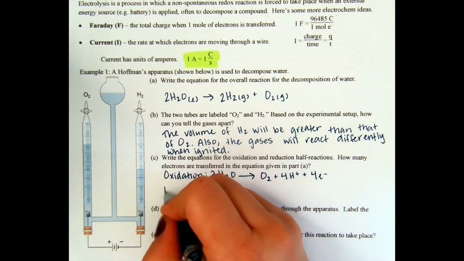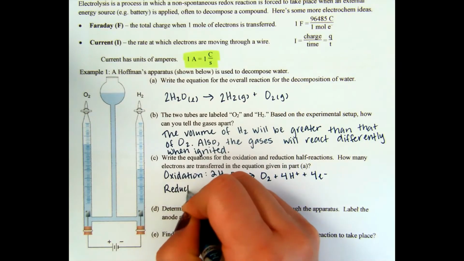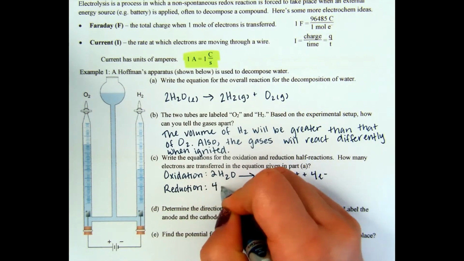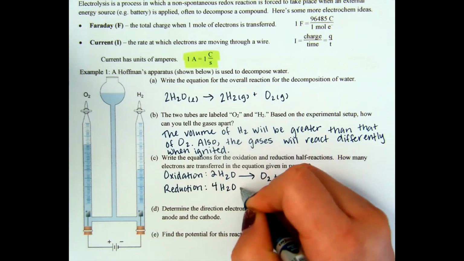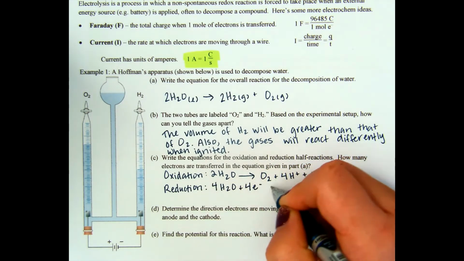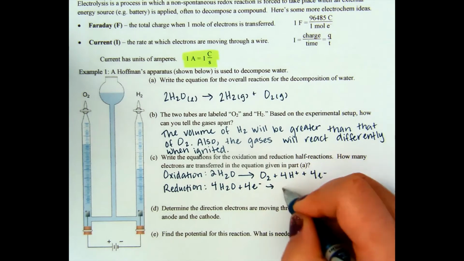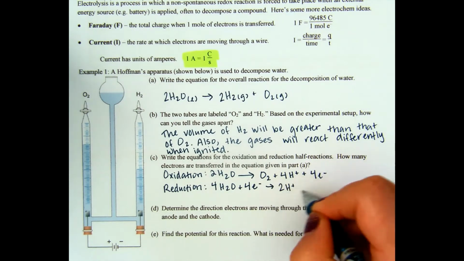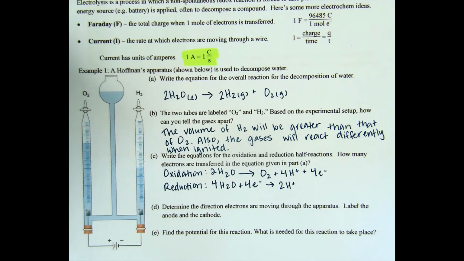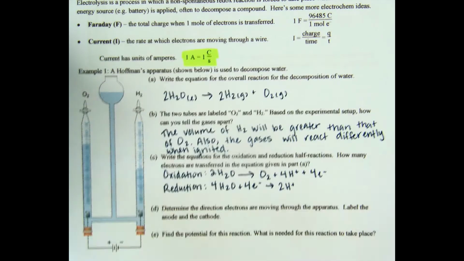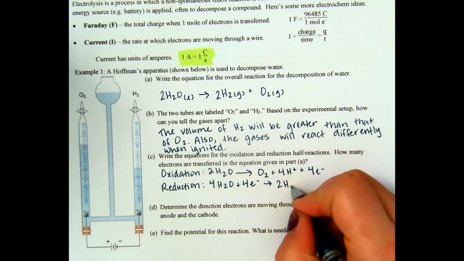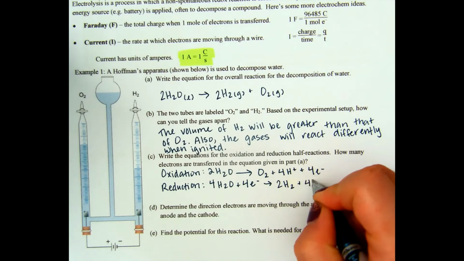My reduction half reaction, we're going to have 4 H2O plus 4 electrons, and that's going to yield 2 hydrogen gas plus 4 hydroxides, right?